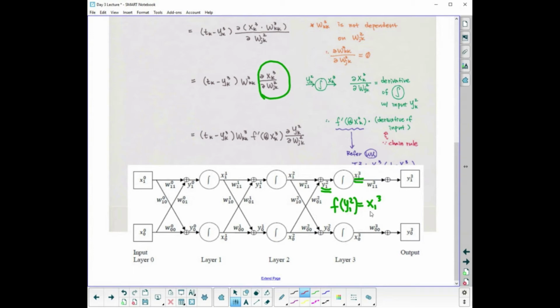So if I want to get the derivative of X1 layer 3, that means the derivative of f when the input is Y1 layer 2. And the derivative of Y1 layer 2 is the derivative of the big one times the chain rule, that means Y1 layer 2's prime.